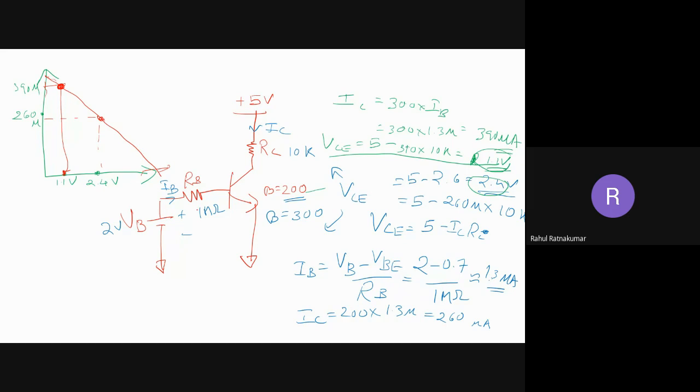So what is the solution? One solution for this is feedback. Now this is just an introduction to feedback. We need feedback so that we have an inbuilt mechanism. As circuit parameters are changing, IB is changing, IC is changing, there is no mechanism to maintain or retrieve the old parameters.